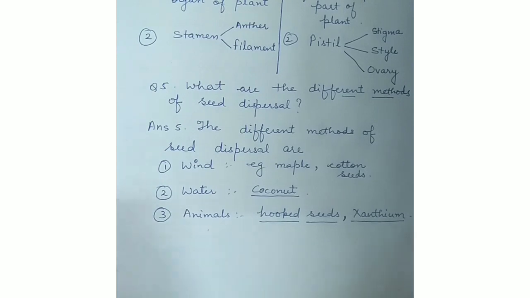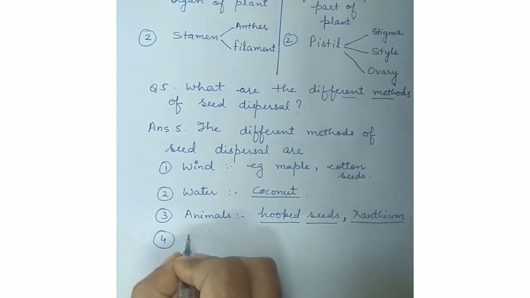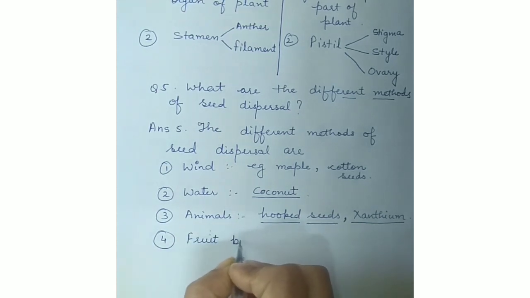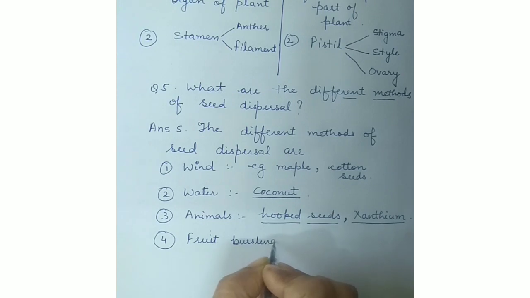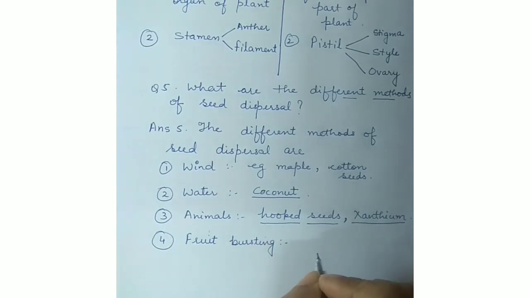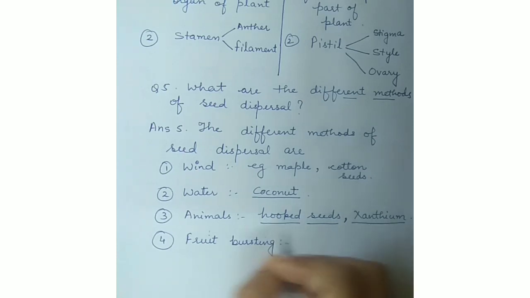Next is fruit bursting. What do you mean by fruit bursting? The pods of pea, pulses, they mature, become dry, shrunken, and explode.